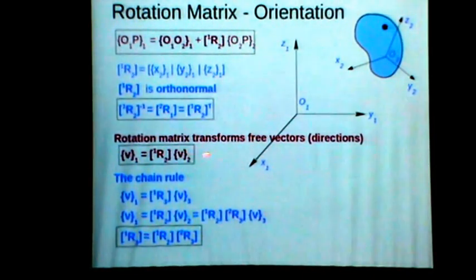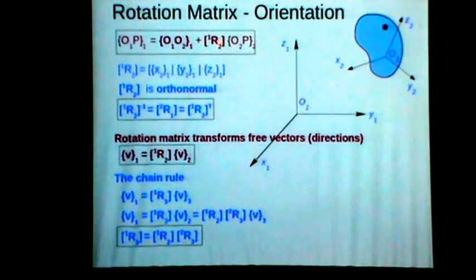So any direction given by free vectors, transformation is obtained by just multiplying by the rotation matrix. So my claim that given these two, I can get the position of any point on the rigid body and the direction of any line on the rigid body is now justified because of this relation and this relation.